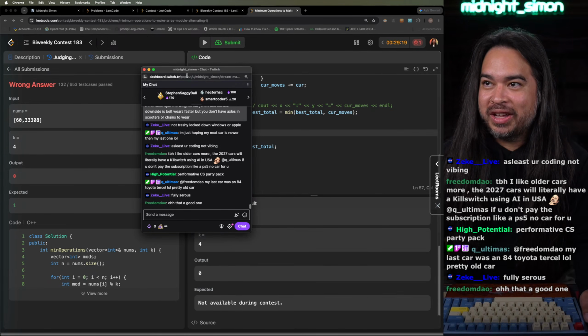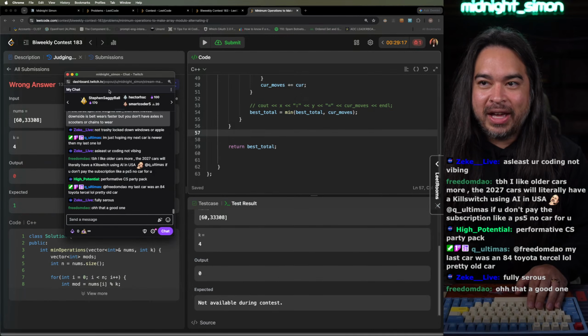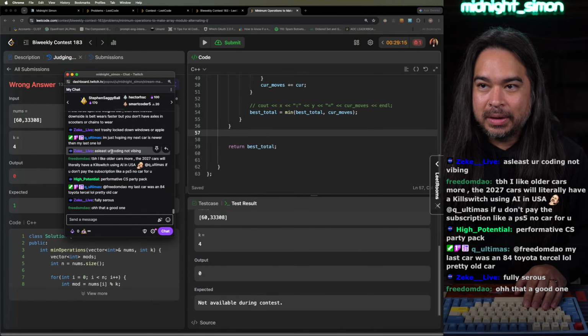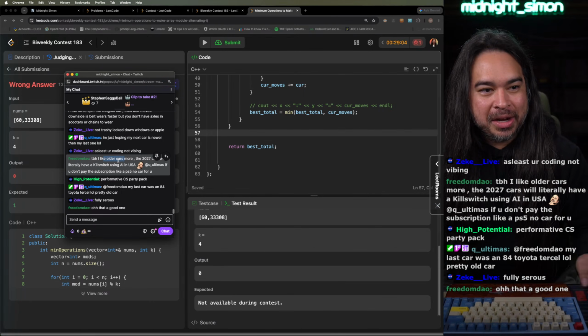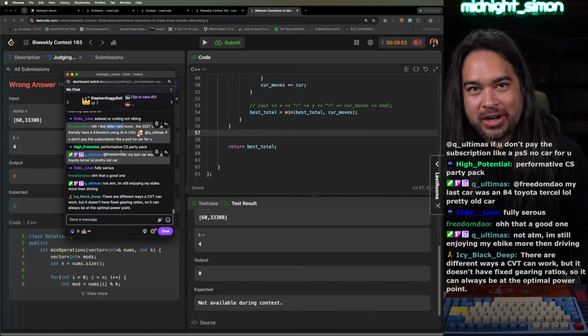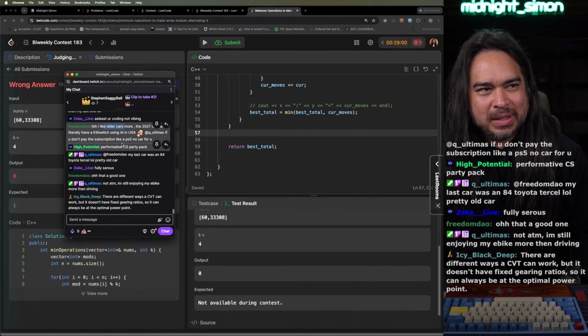At least you're coding, not vibing. Hey, I like to vibe. I vibe most of my time though. I like older cars more. The 2027 cars will literally have a kill switch using AI in the US. Yeah, I like older cars too, man. I like mechanical cars.